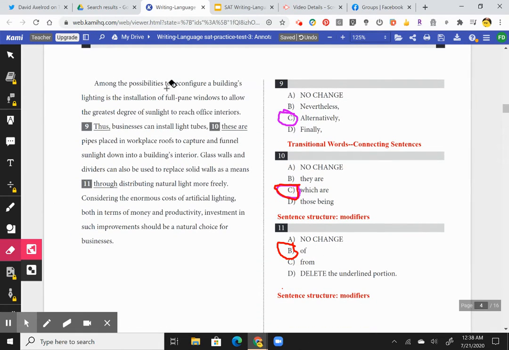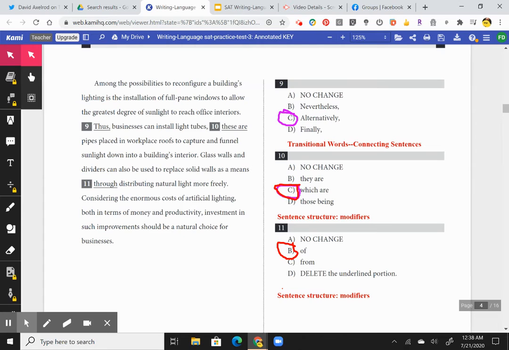Number 9. Among the possibilities to reconfigure buildings' lighting is the installation of full pane windows to allow the greatest degree of natural sunlight to reach office interiors. Now we have a transitional word here, thus, nevertheless. So we need to keep reading to decide which one works best. Businesses can install light tubes. These are pipes placed in workplace roofs.